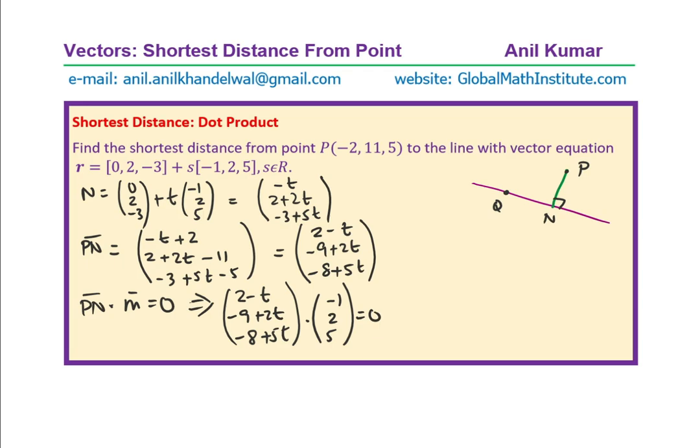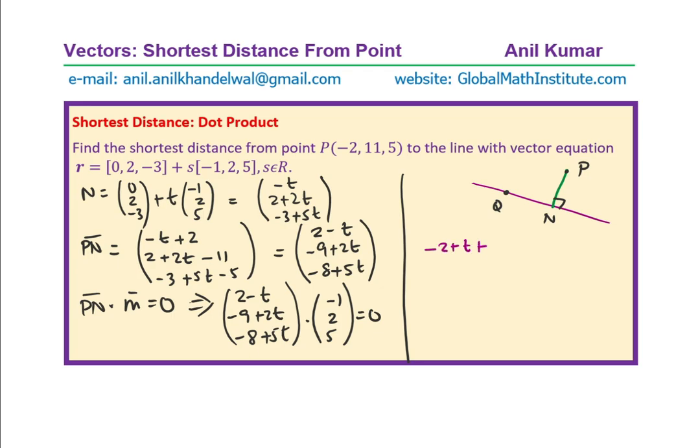Perfect. So let's find this out. So (2 minus t) times -1 gives you -2 plus t, right?